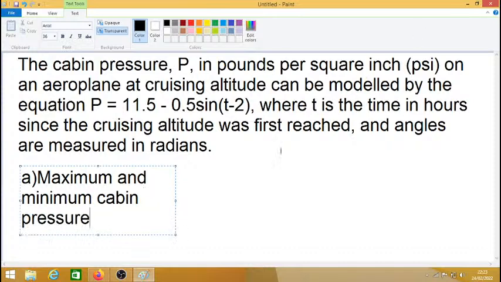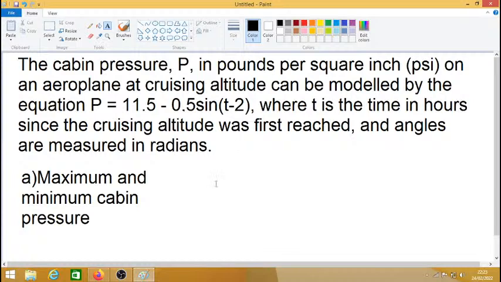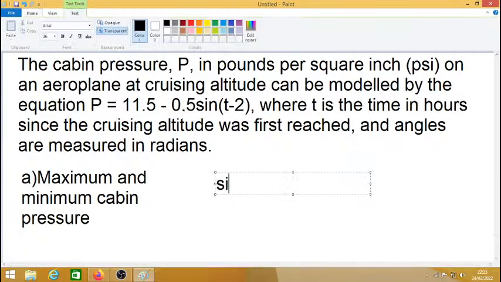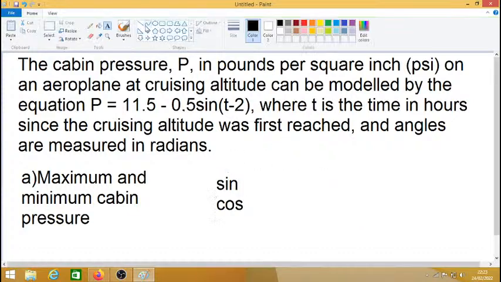Okay, this is easy to do if the equation that you've got is based on sine or cos, because you have to remember that the sine curve, if you just do a quick sketch, and also the cosine curve. Let's do the sine curve first. The sine curve goes up and then down and then back up.